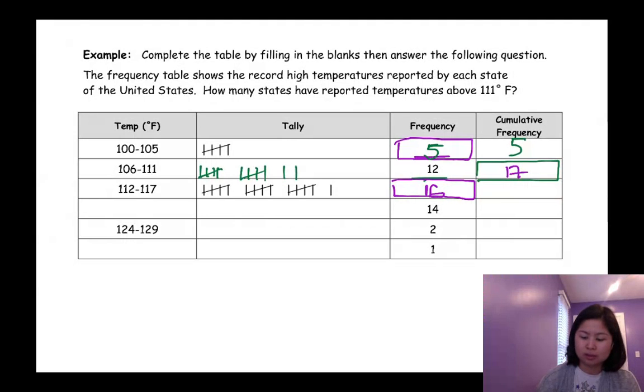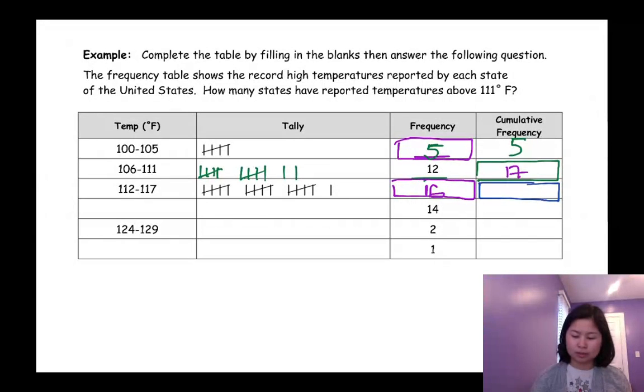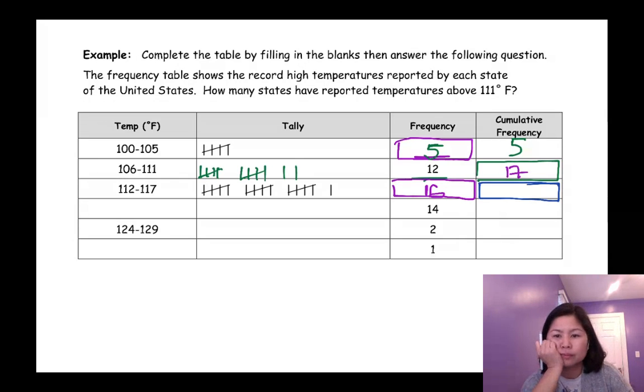So now to get to my next one, I can just fill that in. What should be in that box right here, the blue box that I just drew? What should I put in there? Someone?